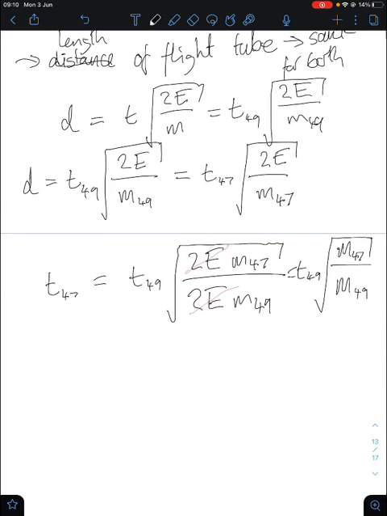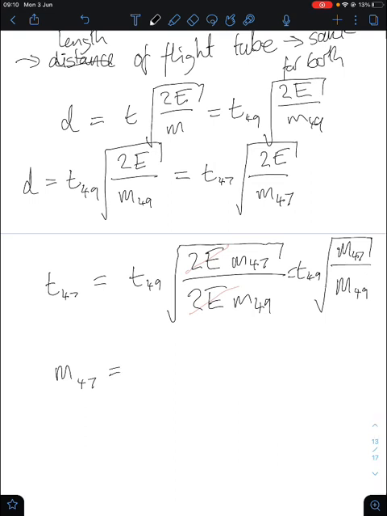The last part here is I need to calculate the mass of my individual ions. So we're not looking at the relative atomic mass, we're looking at the mass of an individual titanium 47 and 49 ion. The relative atomic mass gives us the mass of 1 mole of our ions.